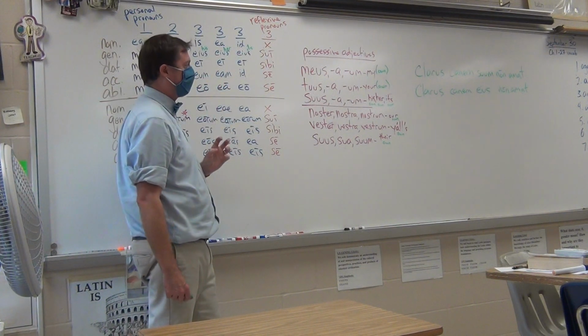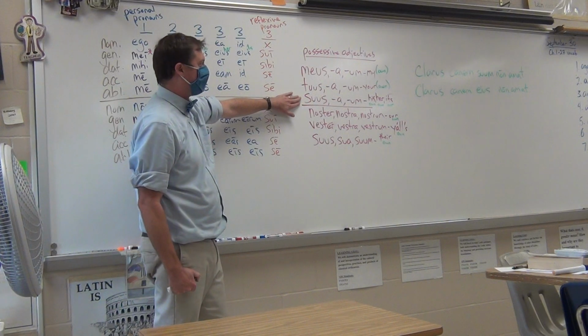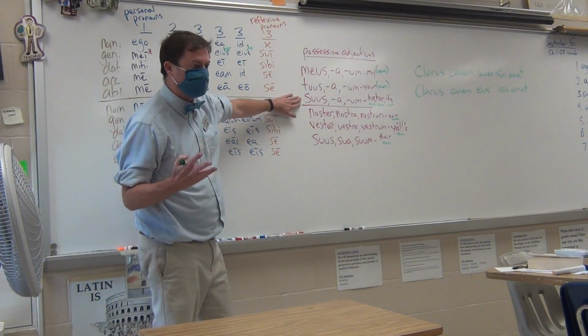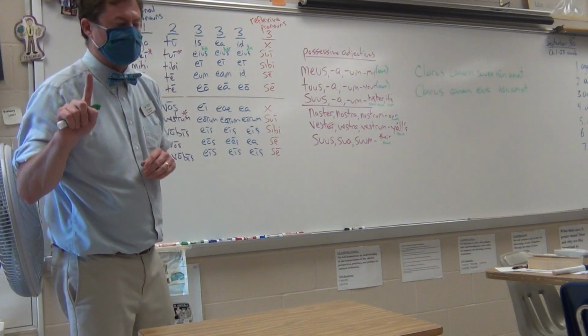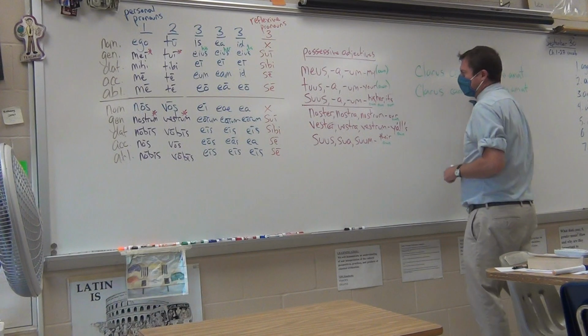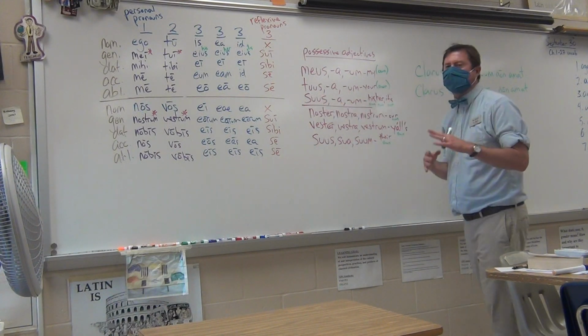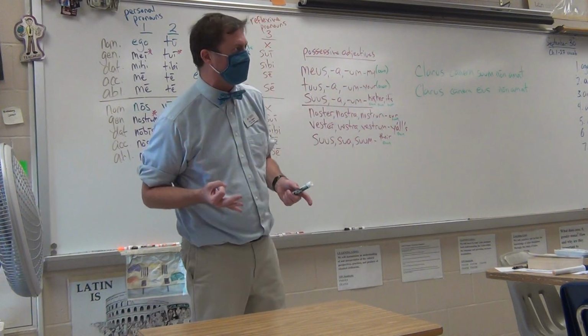But if it is suus, sua, suum, it is going to be his own, her own, its own dog. Now, lastly, do not think that the gender of the adjective suus, sua, suum has anything to do with whether it's his own dog, her own dog, its own dog.